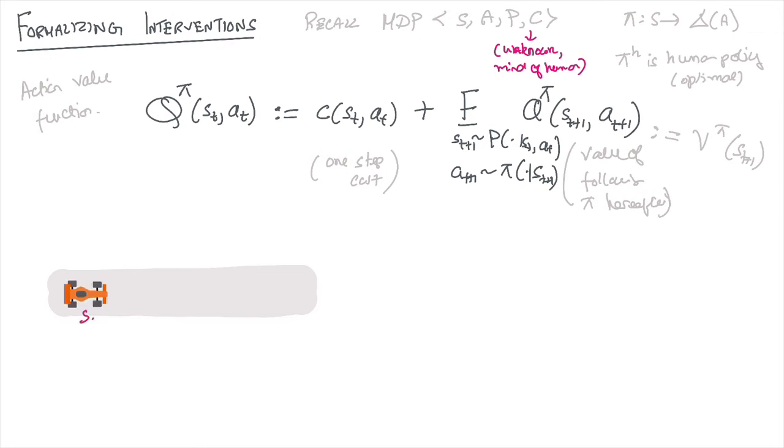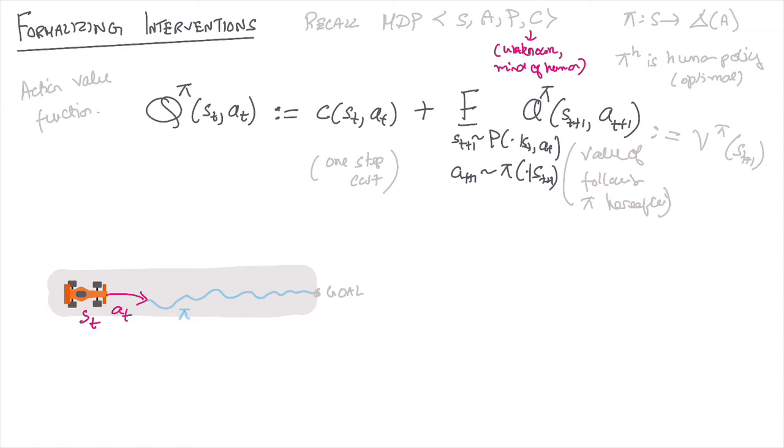So we have a race car that at a particular state executes an action. You then use policy pi to drive the robot all the way to the goal. You can then ask the question, what is Q^pi(s_t, a_t)?